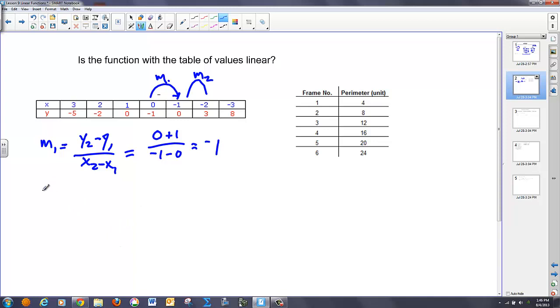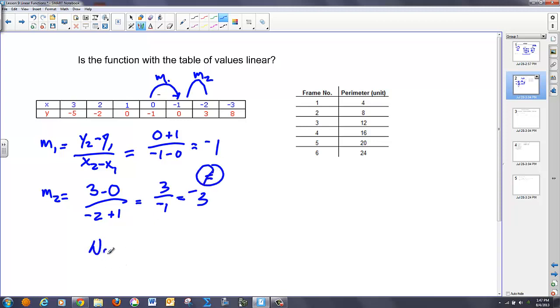To calculate the second slope, y2 is 3 minus y1 of 0 over x2 of negative 2 minus x1, minus a negative 1 is plus 1, and I end up with 3 over negative 1 or negative 3. These two are not equal, therefore not linear.